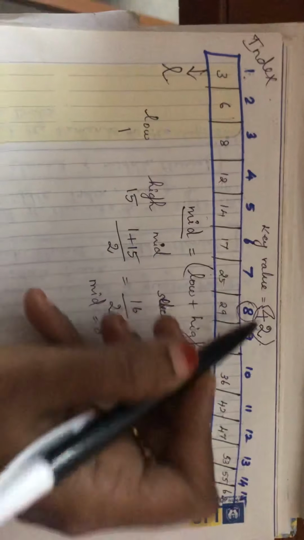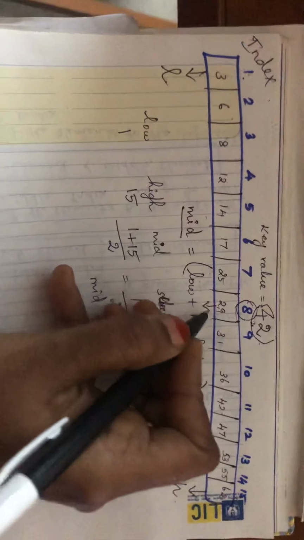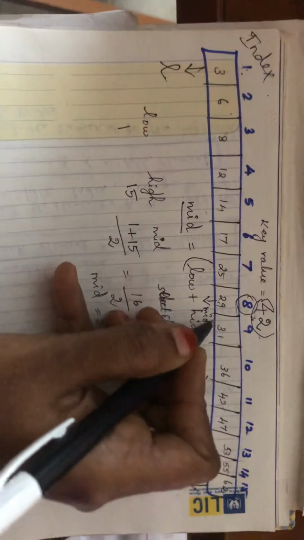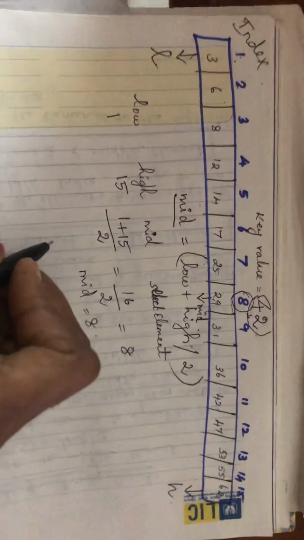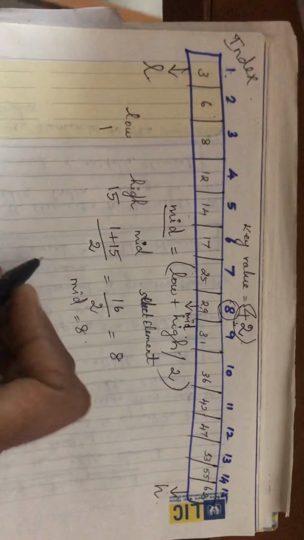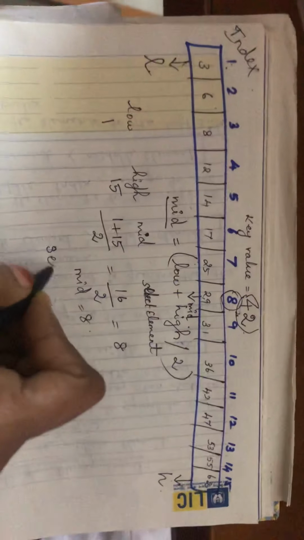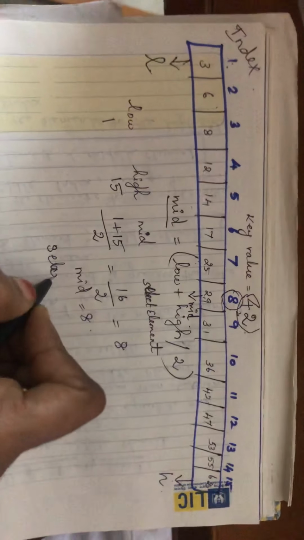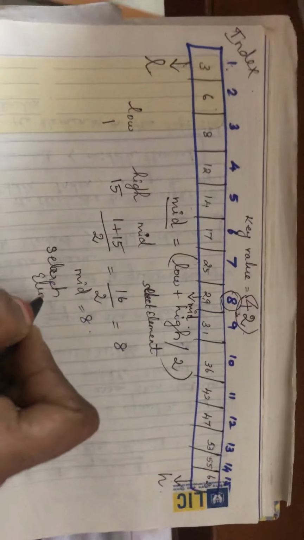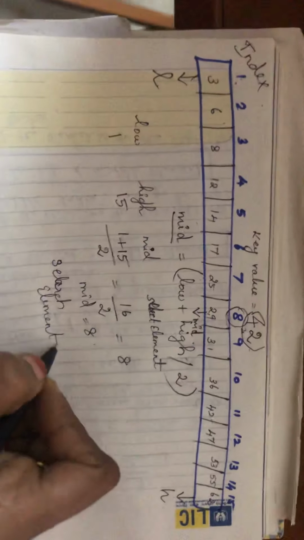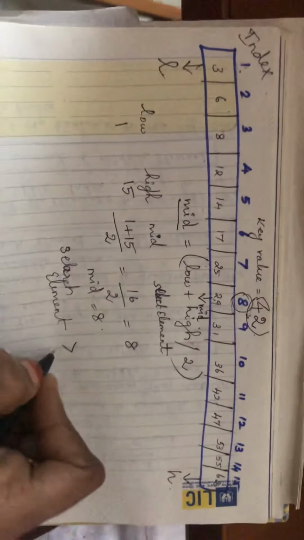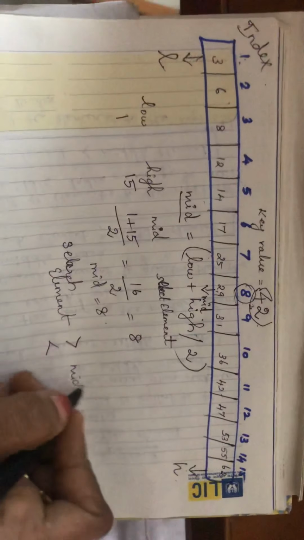The 8th position is pointing to the mid value. Then we check whether the search element is less than or greater than mid.